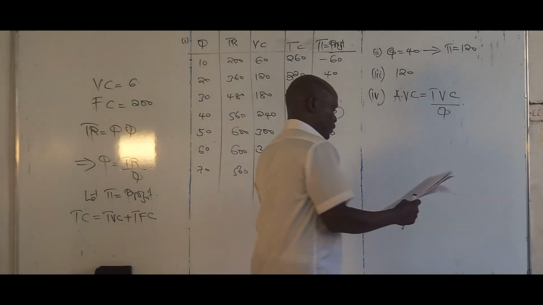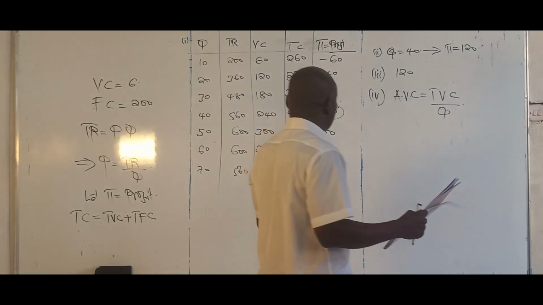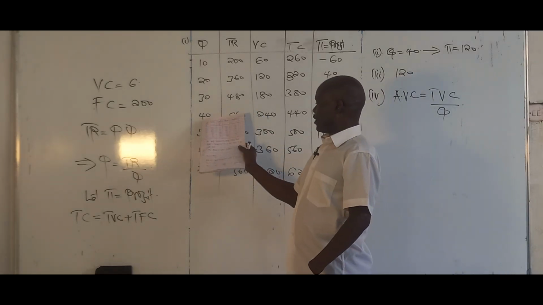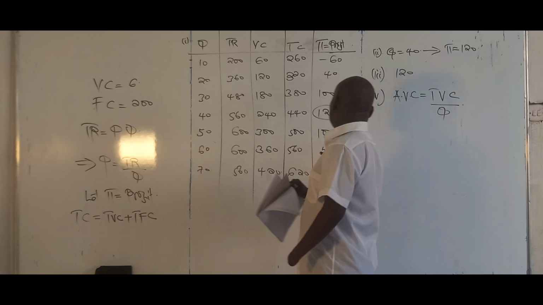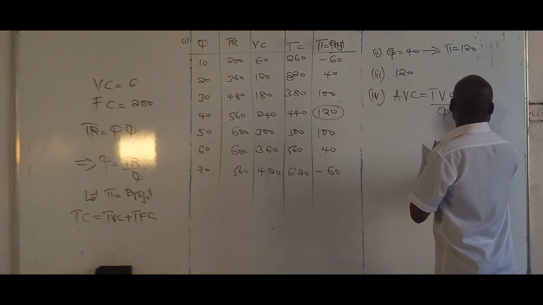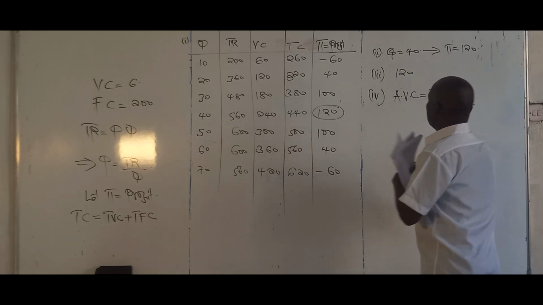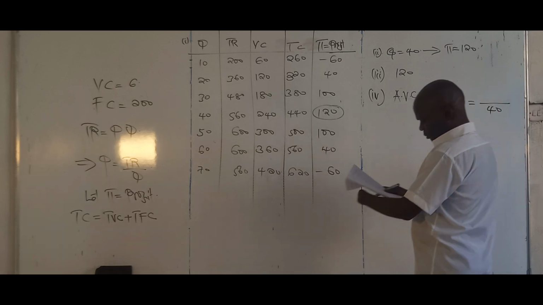At the profit maximizing output of 40 units, what is TVC? Here we'll have AVC, and Q we already know is 40.